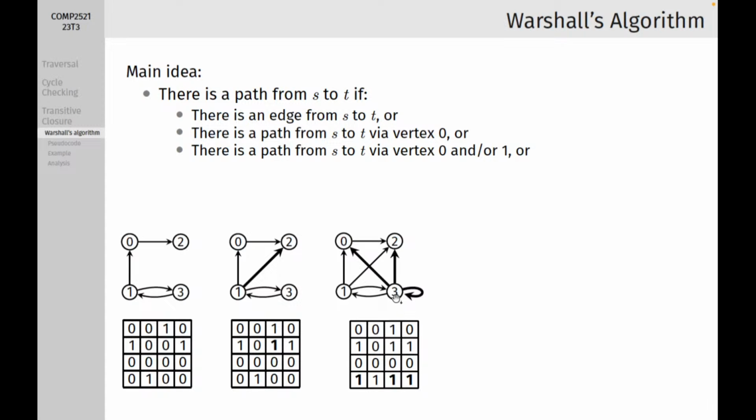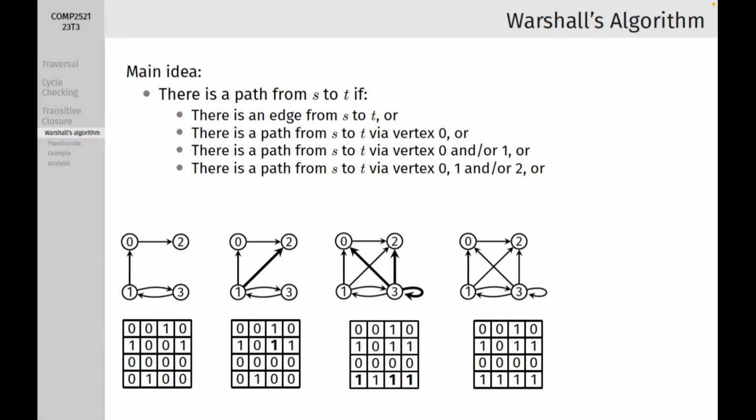There is also a path from 3 to 2, because we can go from 3, 1, 0, 2. And there's also a path from 3 to itself, because we can go from 3 to 1 back to 3.